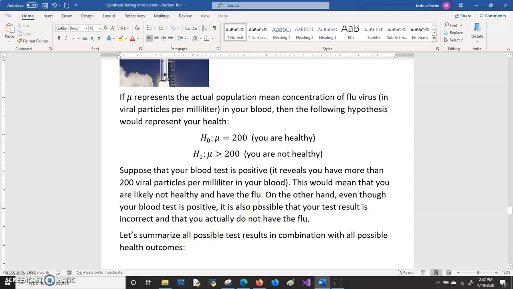It's always possible for a medical test or other kinds of experiments to give you a result that may not reflect what's actually reality. Let's take a look at all possible test results in combination with all possible health outcomes.